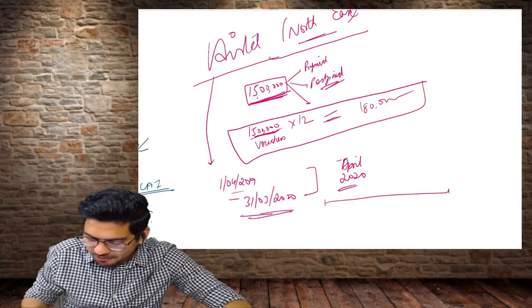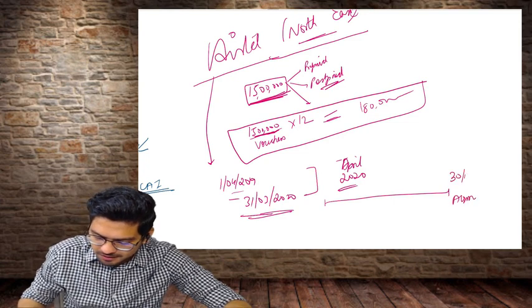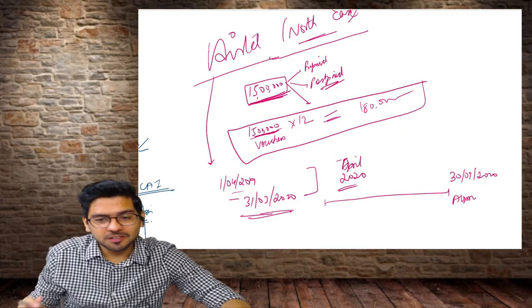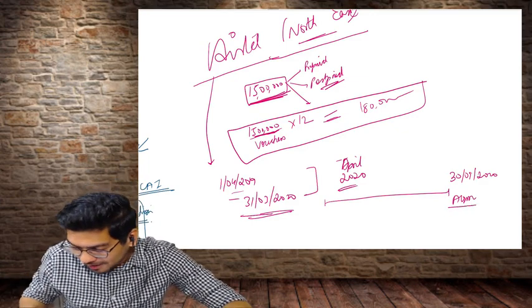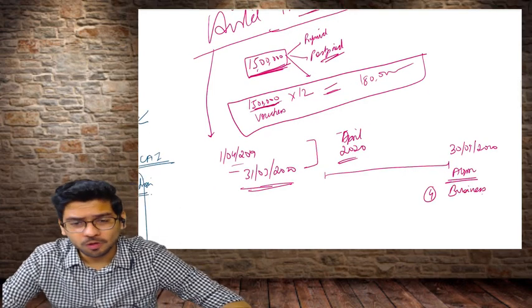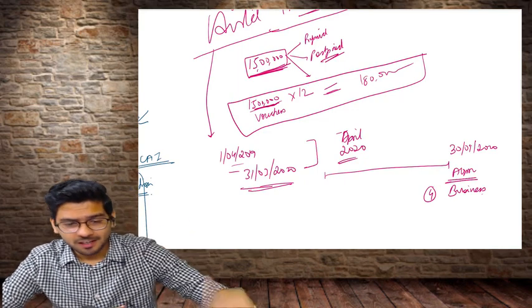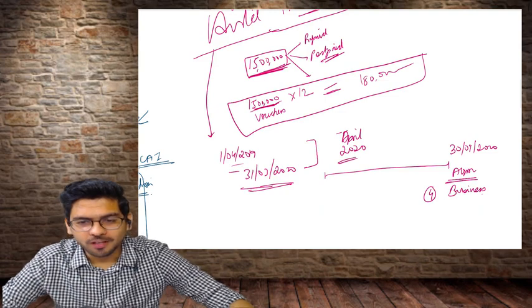So for this financial year, when is the AGM supposed to happen? Can I say 30th September 2020? This is the last date on which the AGM should be done. Can you name 4 businesses that are discussed in the AGM? What are the 4 agendas? Ramji, yes.